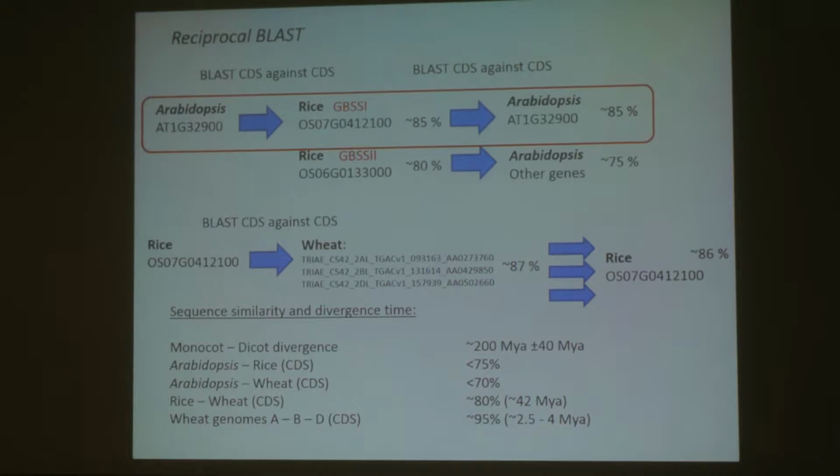And just to give you rules of thumb as to how much percentage identity you might expect, the monocot dicot divergence was about 200 million years ago, and we'd expect Arabidopsis to rice to be about 75% similar to each other in the coding sequence.